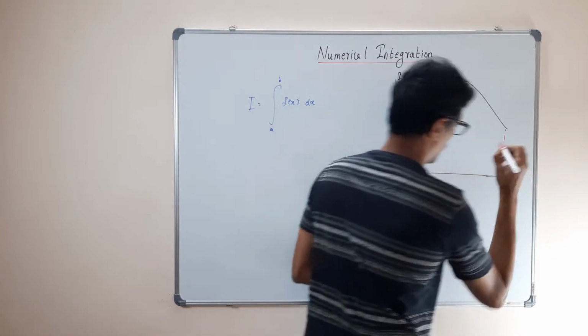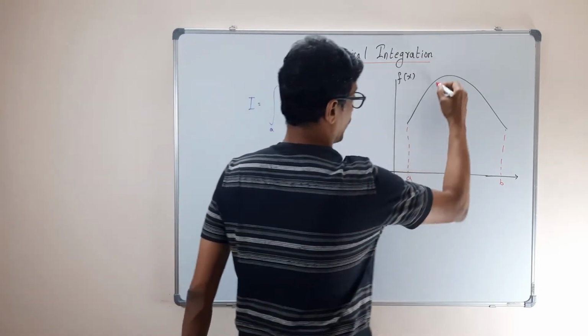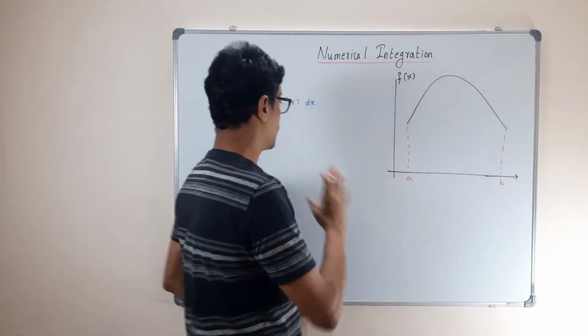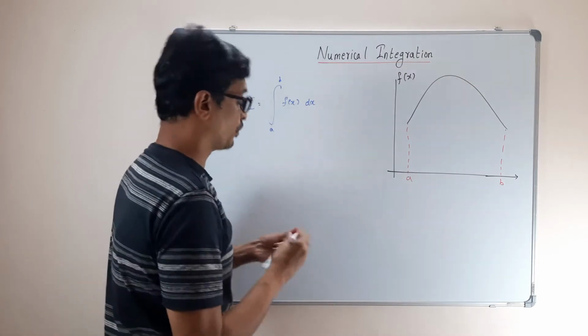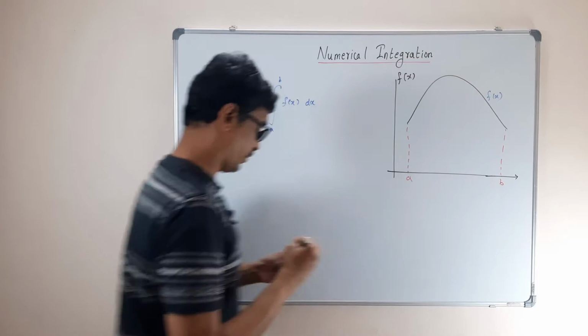When we say we want to perform the integration, that means we want to find out the area under the curve. This is what a to b means. So this is your f of x, and we want to perform the integration.